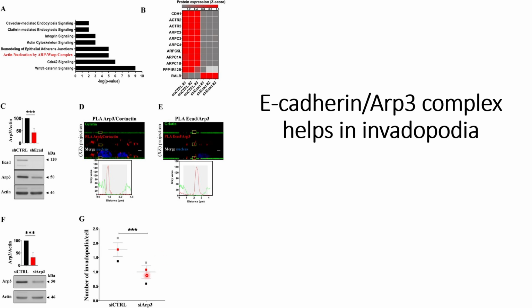This confirmed their hypothesis that it's the E-cadherin ARP3 complex that helps in invadopodia formation, and if either of them is absent, there is a decrease in invadopodia formation in pancreatic cancer cells.